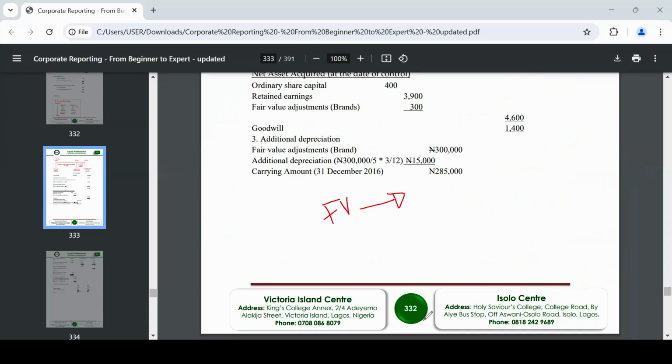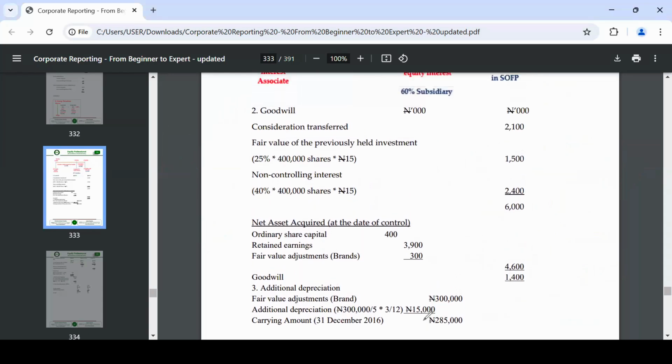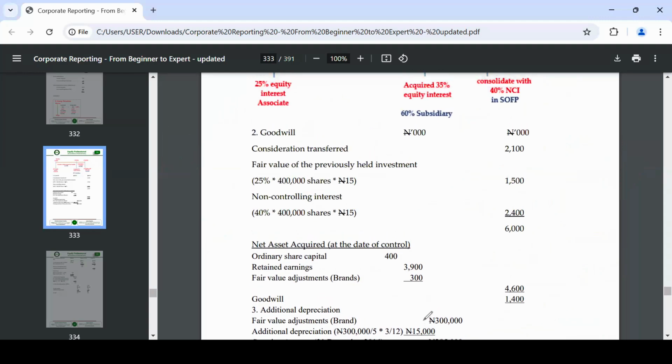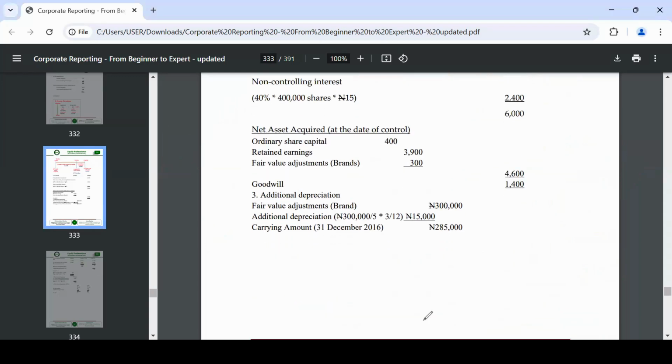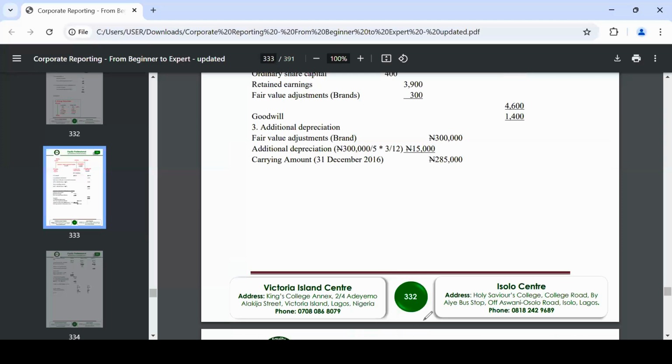Permit me to go back a little bit. We calculated fair value of previously held equity investment, and it was 1.5 million. Okay, good. 1.5 million. That's the current fair value.